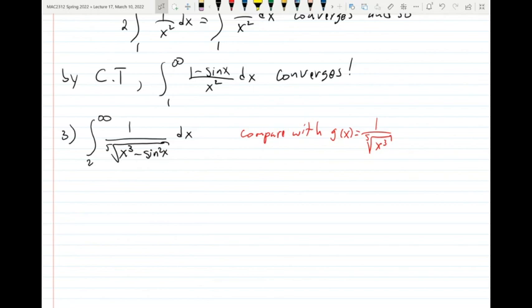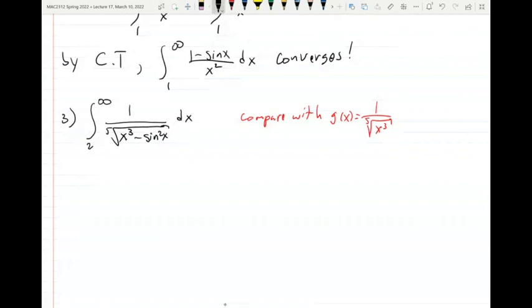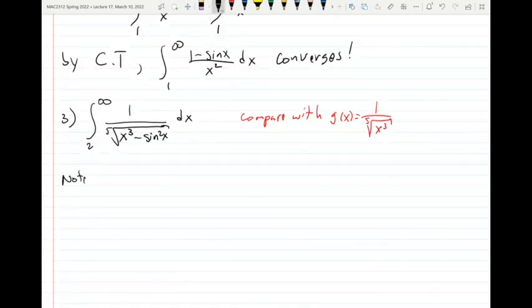Any ideas? Yes. My reasoning was that sine squared, the range of it is from 0 to 1. Good. So when it's x cubed minus sine squared, it's always going to be minus something positive. And even if we get the fifth root, it's always going to make the denominator a little smaller, which makes the number a little bigger.